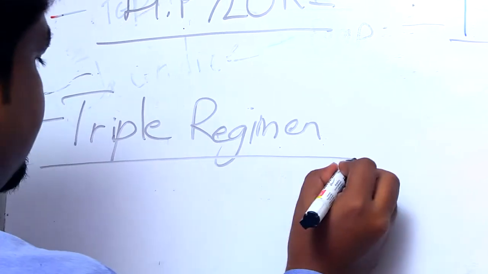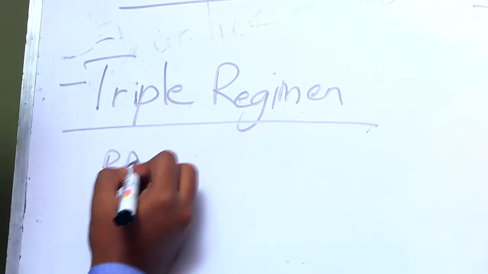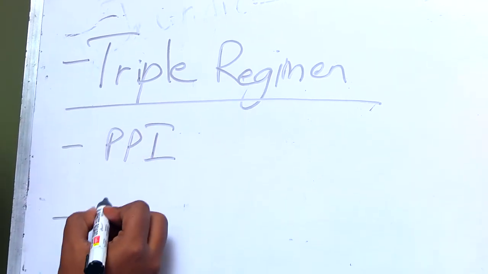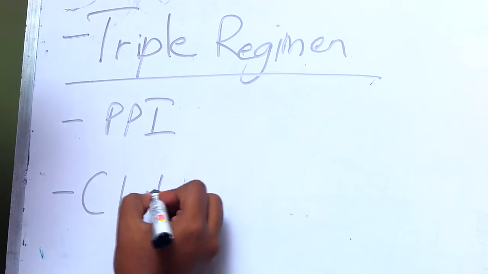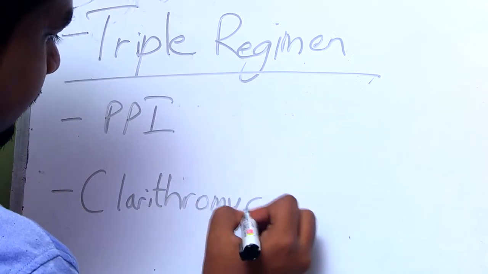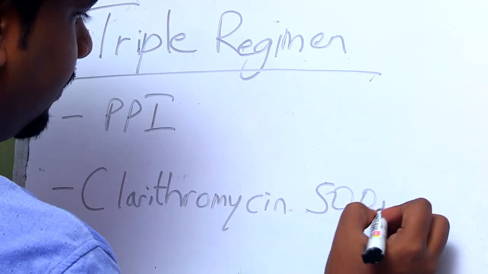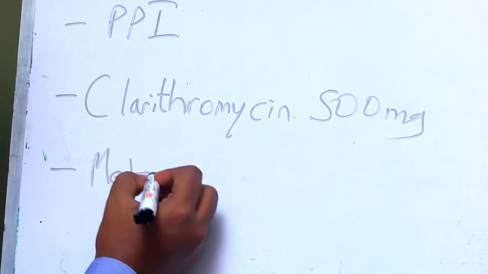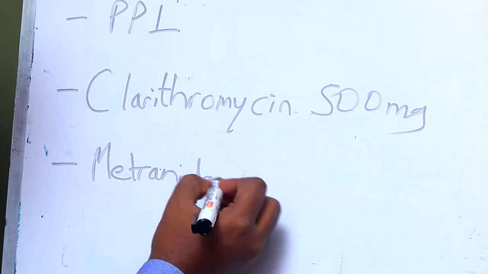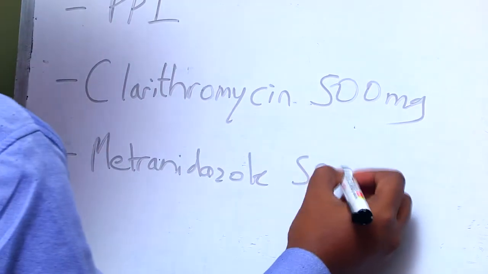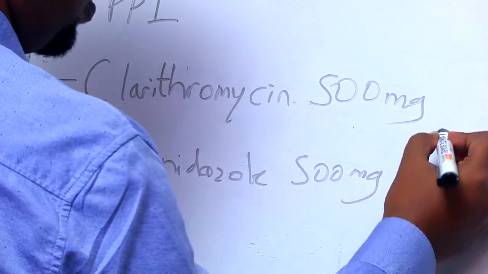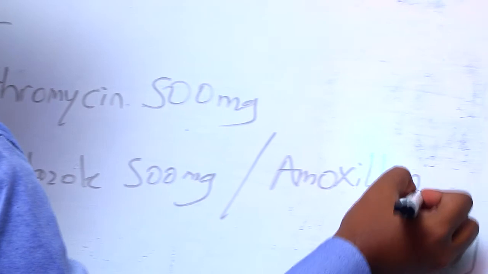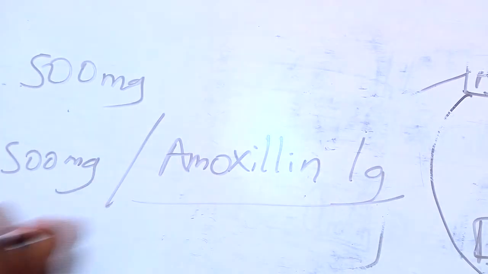In the triple regimen, it consists of treatment with 1 PPI plus clarithromycin 500 mg, plus you can give metronidazole, again 500 mg, or you can substitute the metronidazole with amoxicillin 1 gram, right?